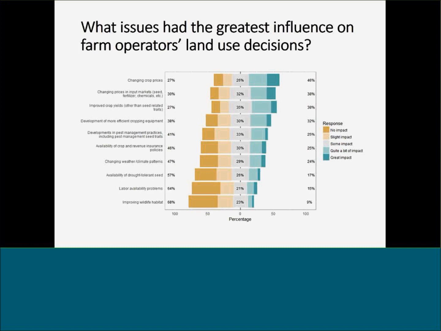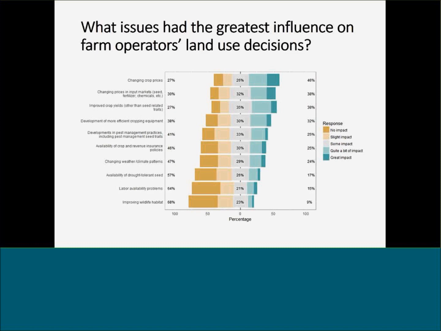What she did is she actually looked at these influence responses as the dependent variable in some econometric models. And she basically asked the question, what types of farm operations and farm operators are the most sensitive to these different external influences?